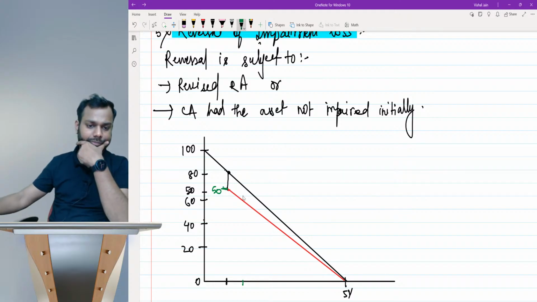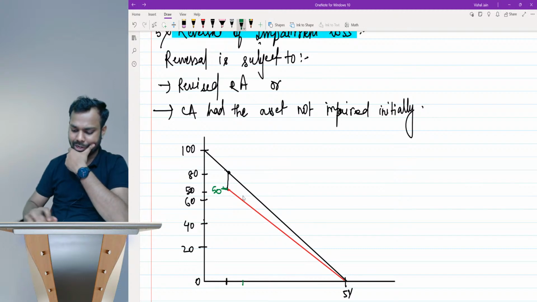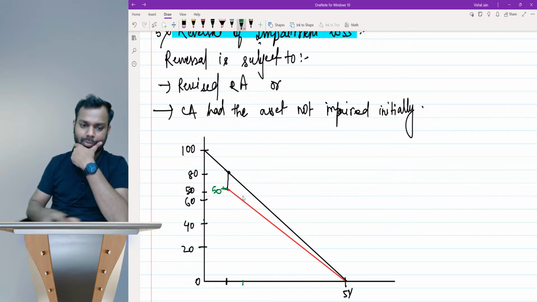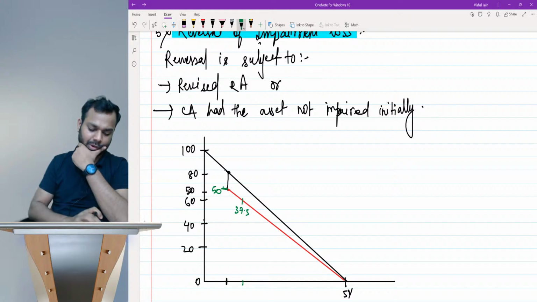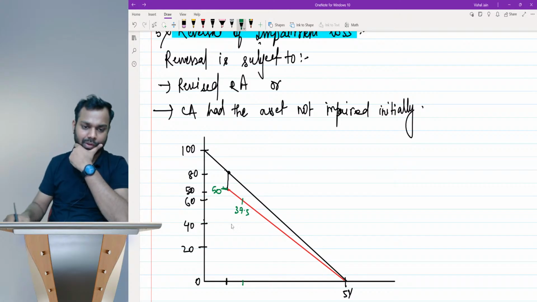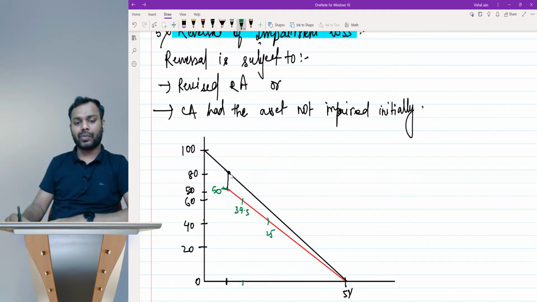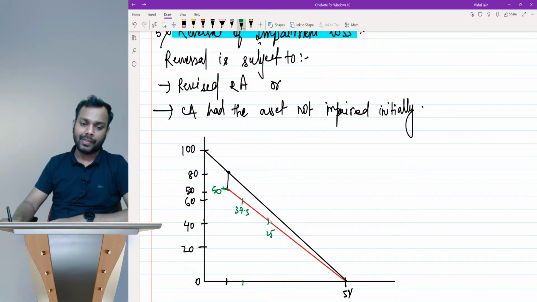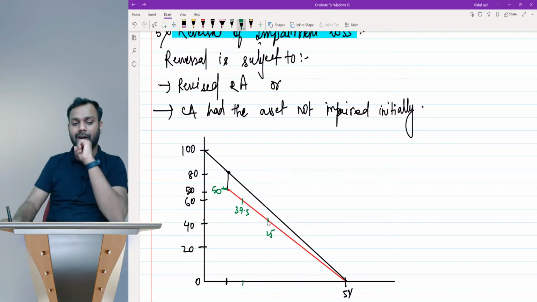Tell me. 50 divided by 4 is 12.5, so 37.5, and minus 12.5 is 25. At the end of the third year, the value is 25.